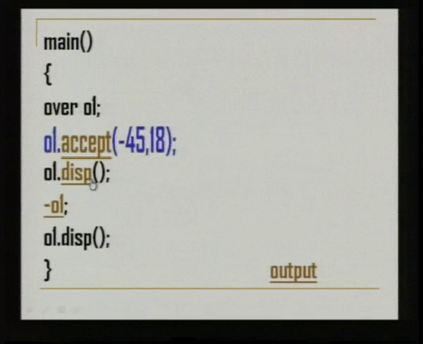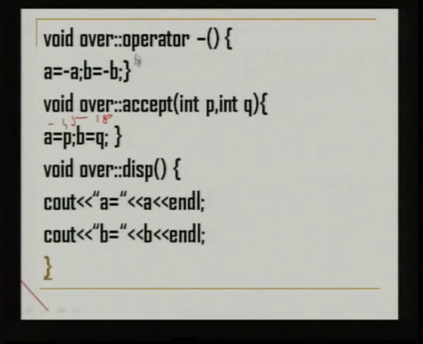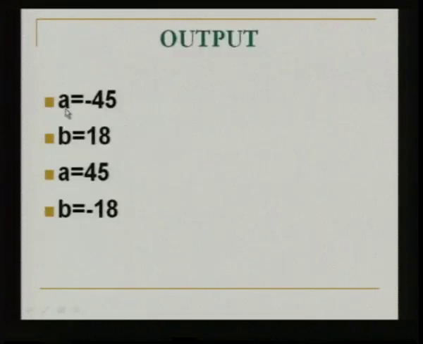Then O1 dot disp, that means first minus 45 and 18 will be displayed. Then you are calling this operator function minus O1. As soon as this minus O1 is seen, the compiler will go to this function. It will make a is equal to minus a, b is equal to minus b. That means the signs are reversed, and then O1 dot disp. So the output will be first minus 45, then 18, then plus 45 and minus 18. So this is how an operator function is defined.